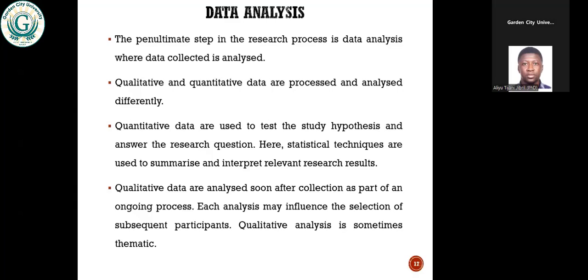We use different statistical tools in performing this sort of analysis, and this includes, but is not limited to, SPSS, the Statistical Package for Social Sciences. This is one of the most commonly used statistical software for analyzing quantitative data.